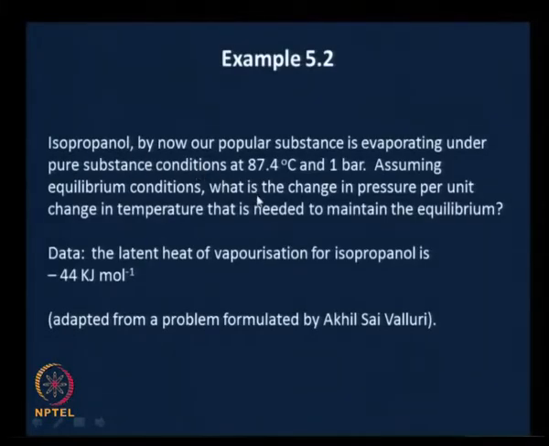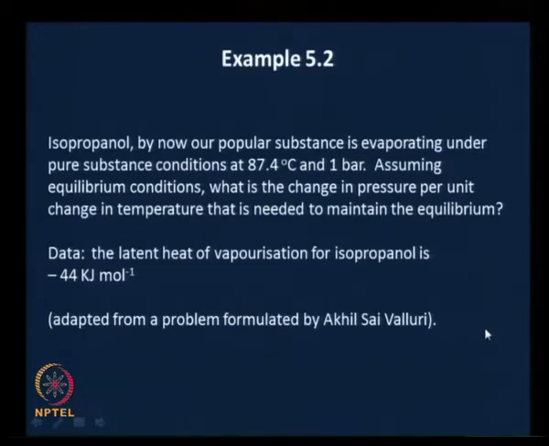You would have had time to think through this, and hopefully the thought became focused towards recognizing that this is a substance evaporating under pure substance conditions. Therefore it is changing its phase from liquid to vapor, so it is a case of phase change, and what is required is the change in pressure per unit change in temperature needed to maintain equilibrium, so the whole process is under equilibrium conditions.